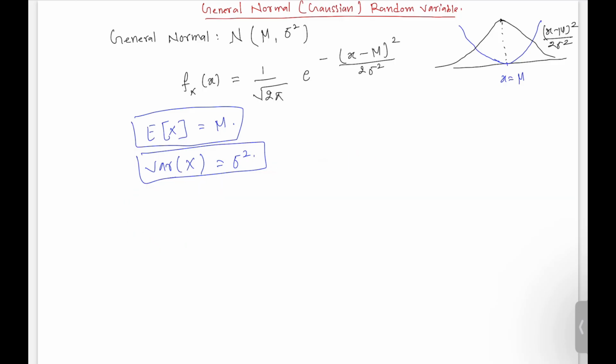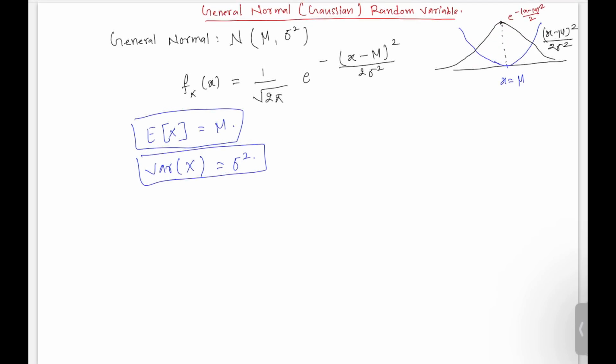So the variance controls how much the distribution will be spread, and it turns out to be sigma square. So this sigma square, or sigma, controls how narrow or how spread out this distribution would be.